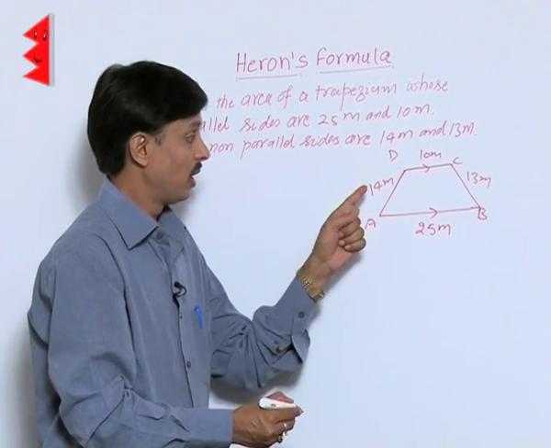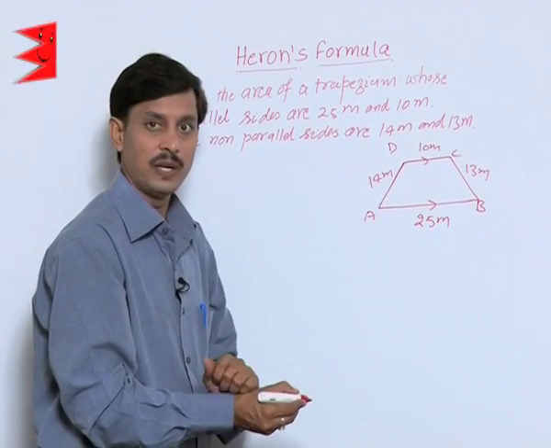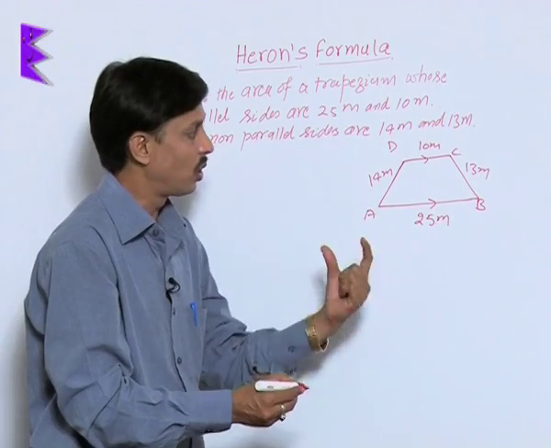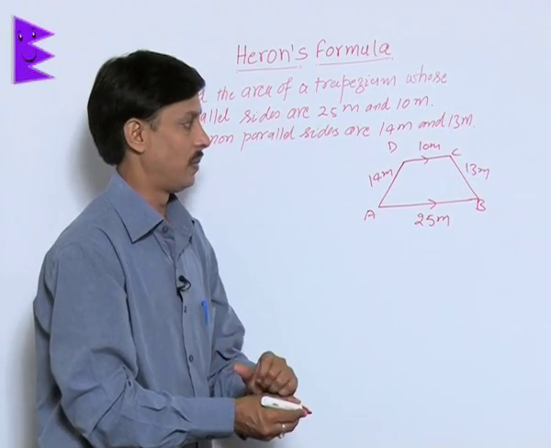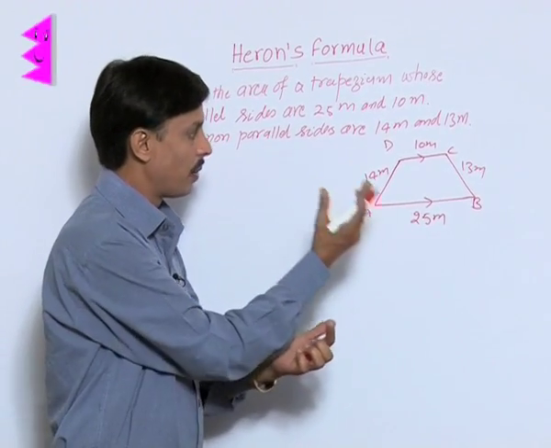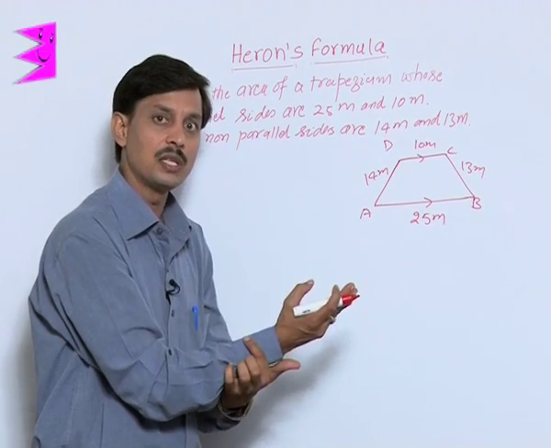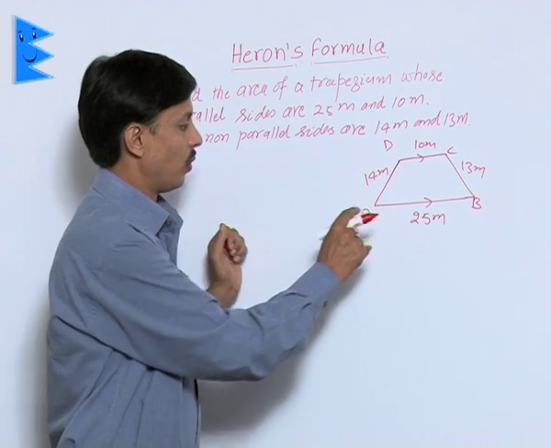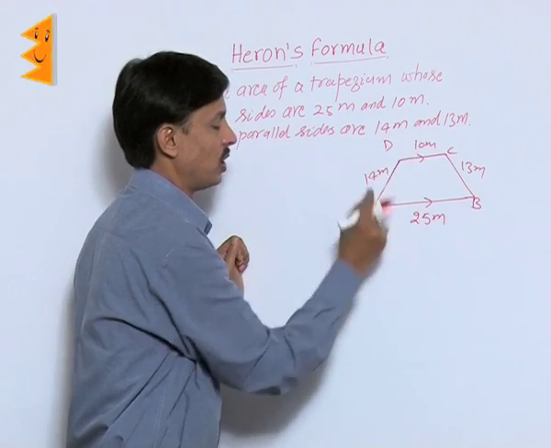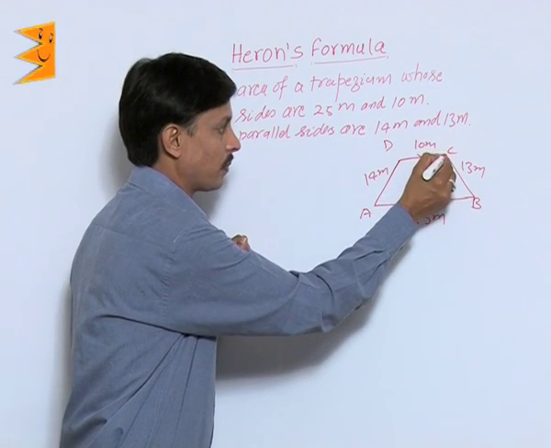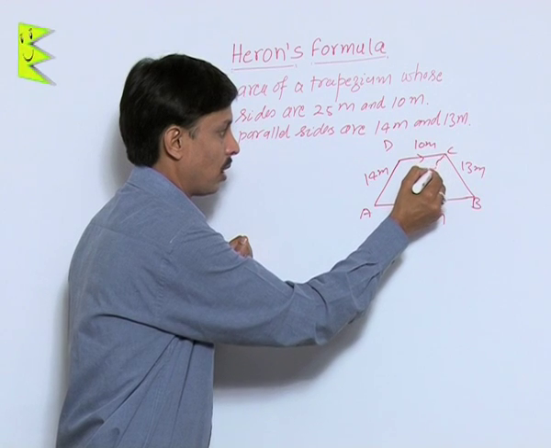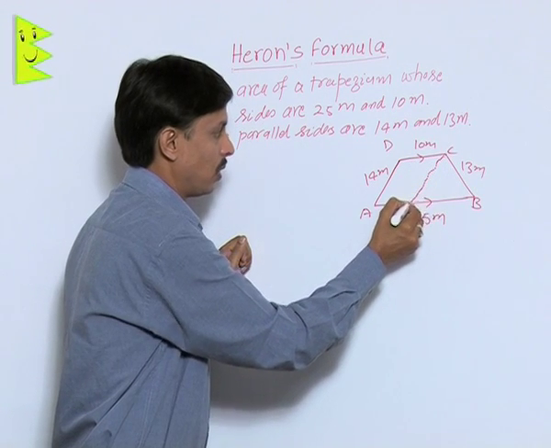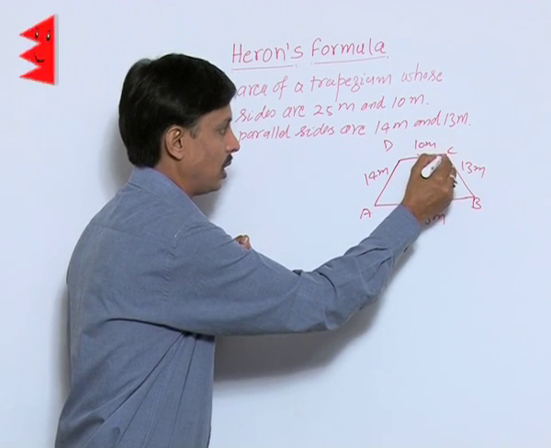Specifically remember that in such a situation we have to draw a parallelogram. We have to divide this trapezium into two pieces, one parallelogram and one triangle. We have AB is parallel to DC. So from vertex C, I draw a line which is parallel to DA.